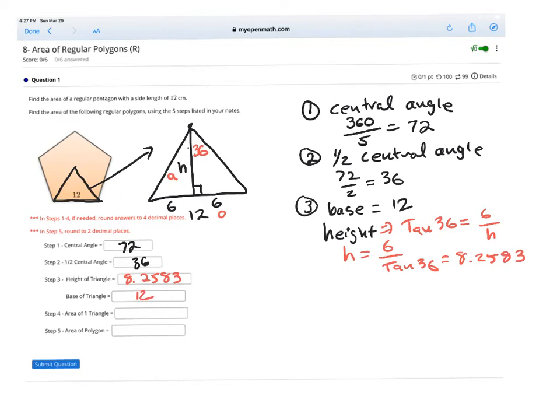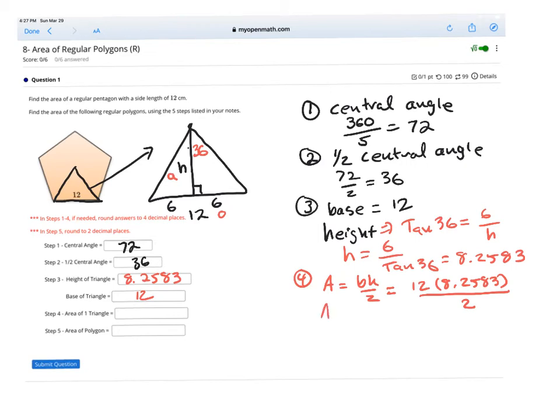To find the area of one of them, which is step 4, we know the area of a triangle is equal to base times height divided by 2. So we have the base, which is 12, times the height, which is 8.2583, divided by 2.